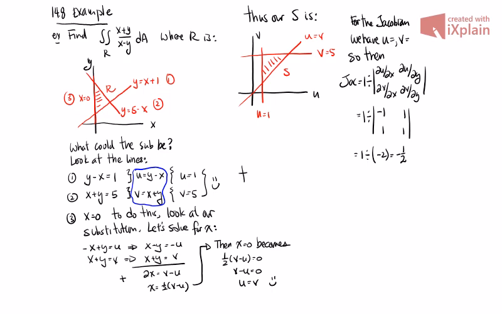So then the integral over R of (x plus y) over (x minus y) dA becomes the integral over S. So in this numerator, the x plus y, that's the same as v. The x minus y, that's the same as -u. And then absolute value of -1/2 dA. And then that's all pretty nice. So S is vertically simple.